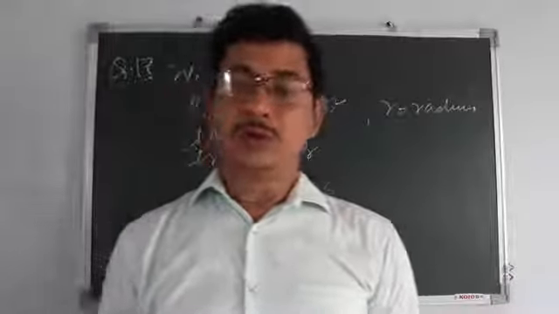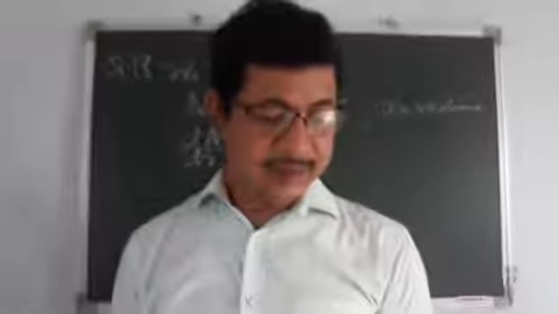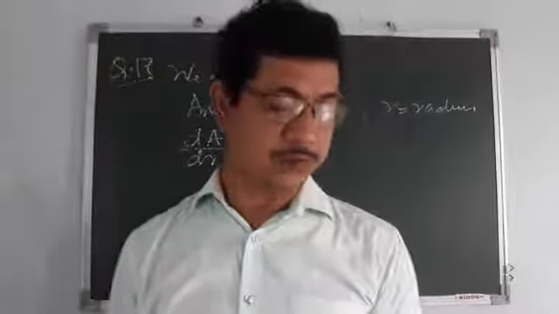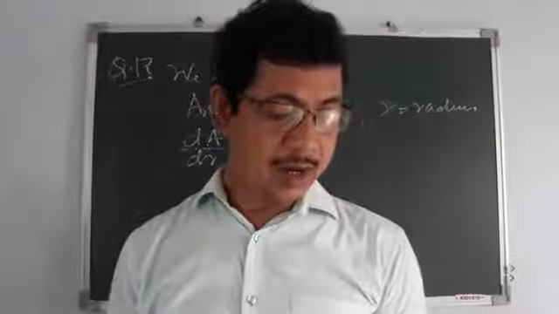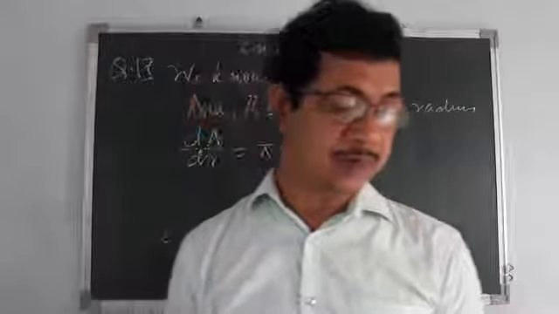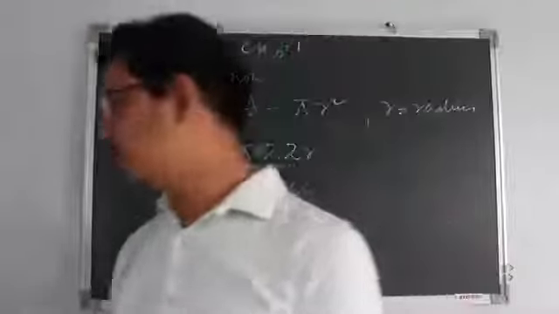Now we will move to question number 18. The total revenue in rupees received from the sale of x units of a product is given by R(x) equal to 3x² + 36x + 5. The marginal revenue we have to find when x is 15.